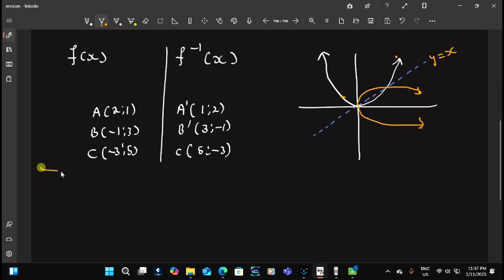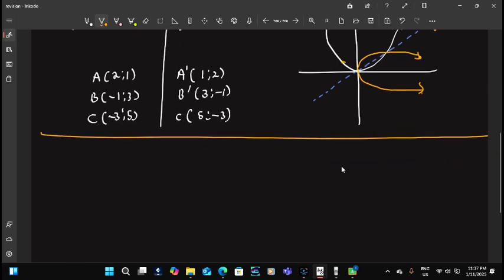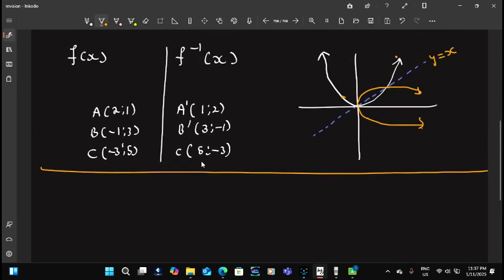Since you have seen now that when we invert, we are swapping the x and y, here's how we find an inverse of a function. Suppose I have y is equal to x squared, and they say I must find the inverse. I would start by swapping the position of x and y. So I would say x is equal to y squared. Then I write it in the standard form. We know the standard form of a function has y as the subject of the formula.